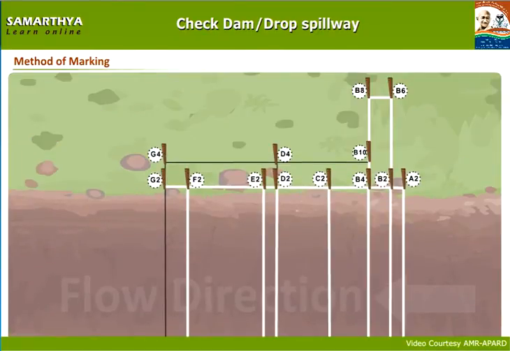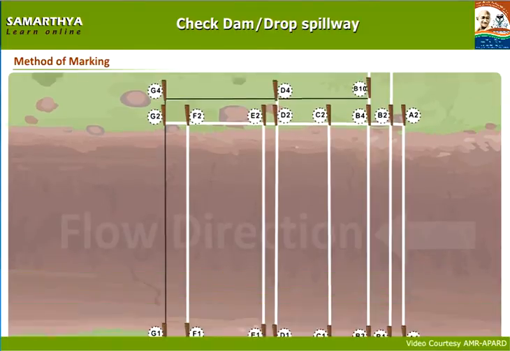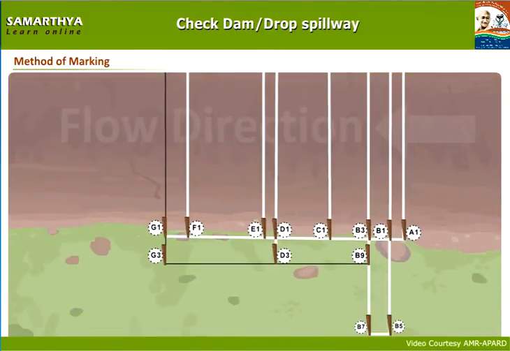Draw a line with lime powder on the thread that tied D2, D4 wooden poles. Draw a line with lime powder on the thread that tied B9, D3, G3 wooden poles.